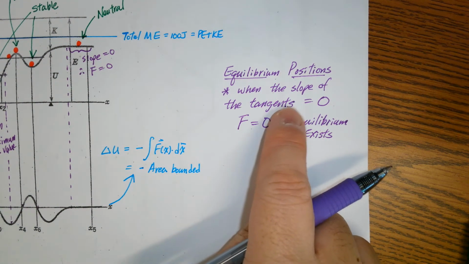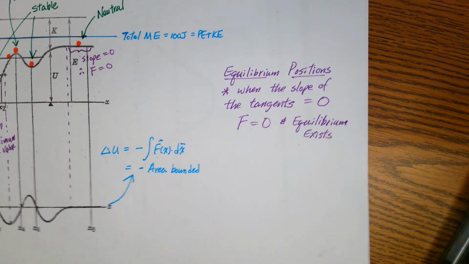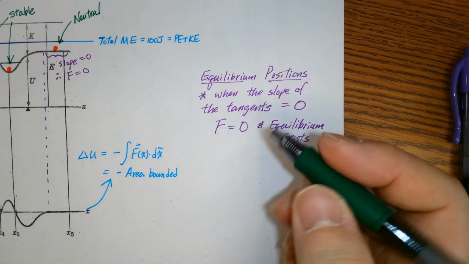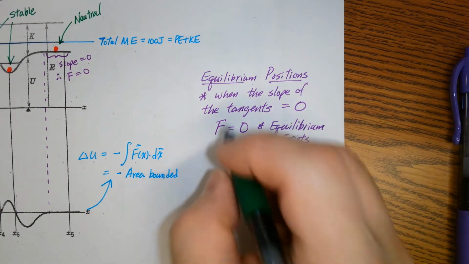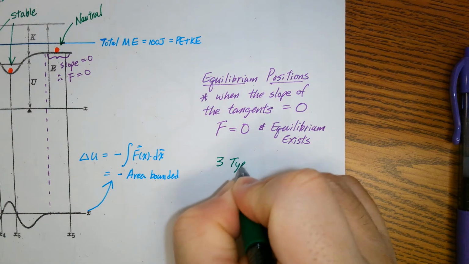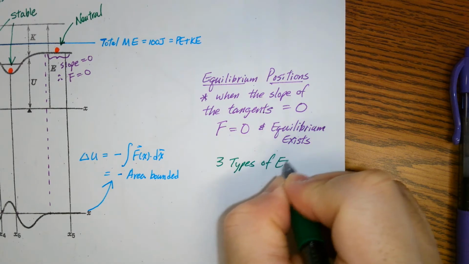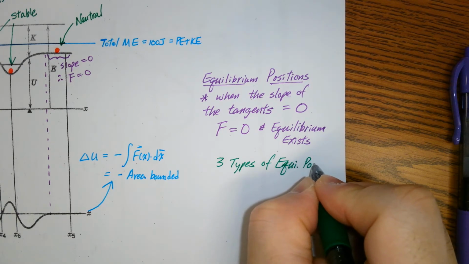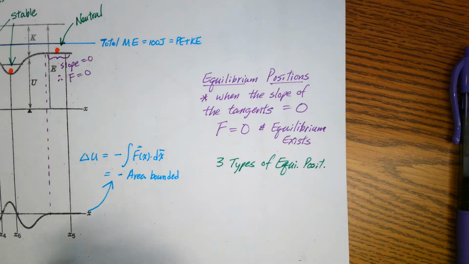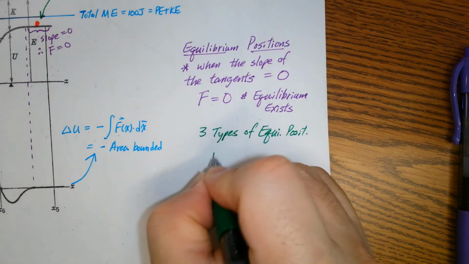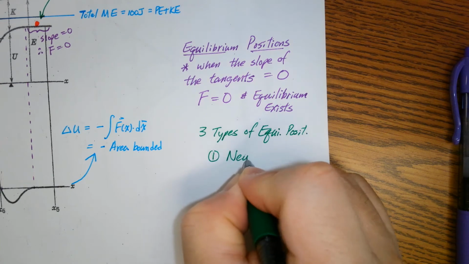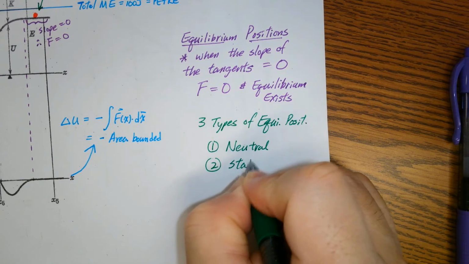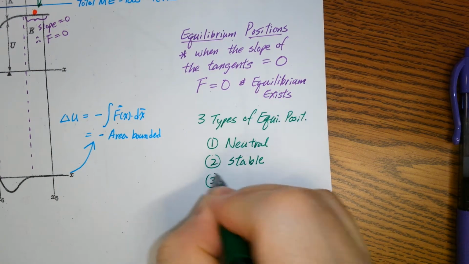Sorry. There are three types of equilibrium: one is neutral, two is stable, and three is unstable.